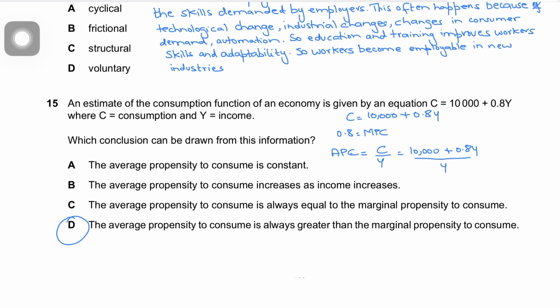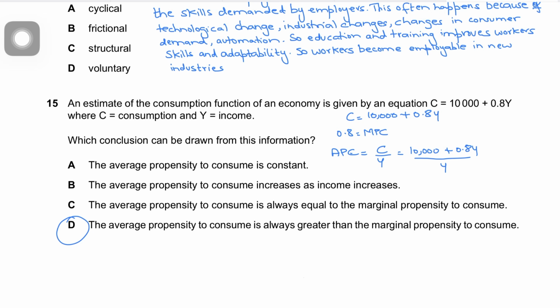A is wrong because APC is not constant. B is wrong because APC would actually fall as incomes go up, and C is also wrong because APC is not equal to MPC, because autonomous consumption exists.